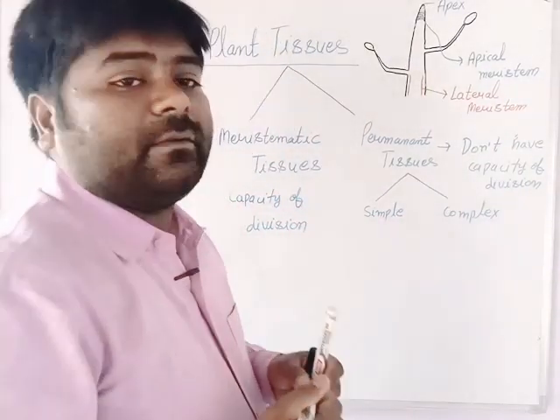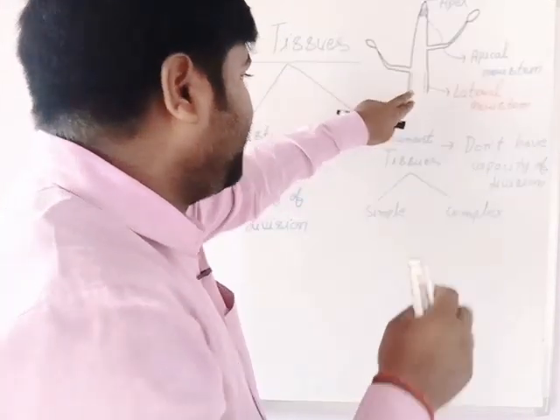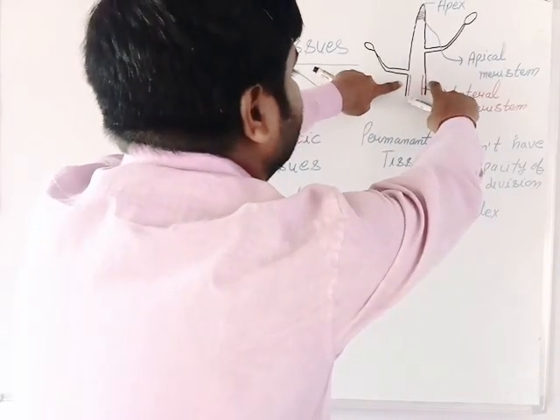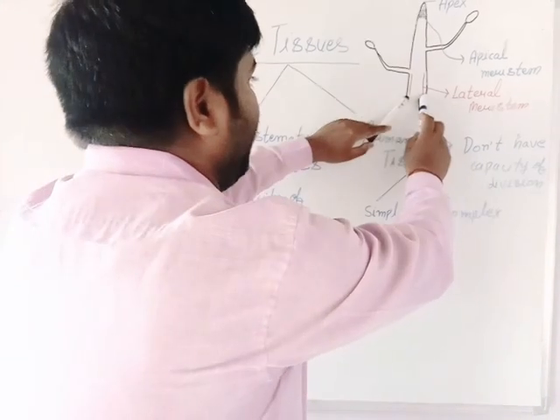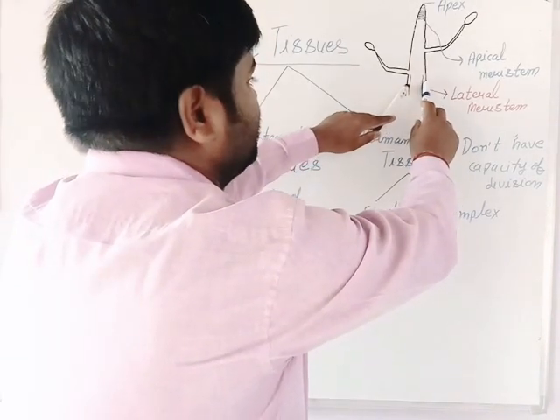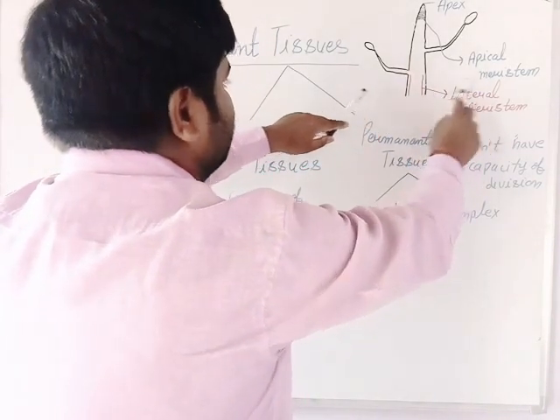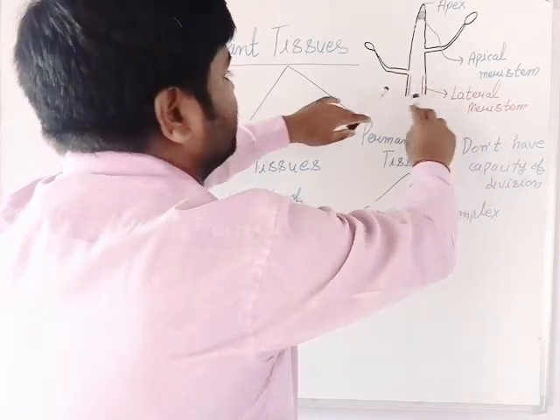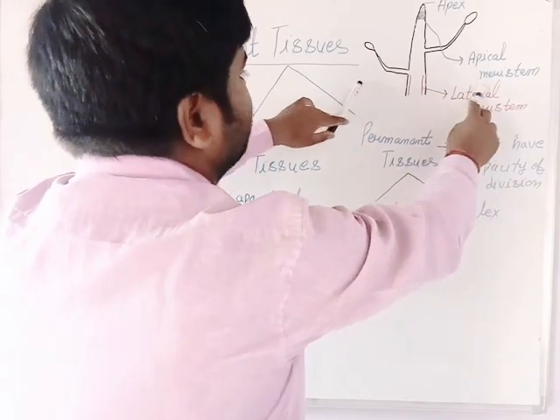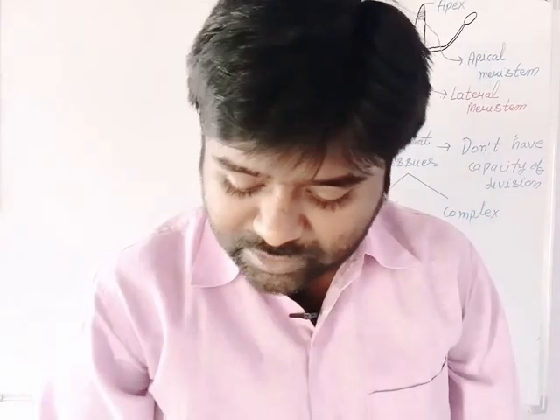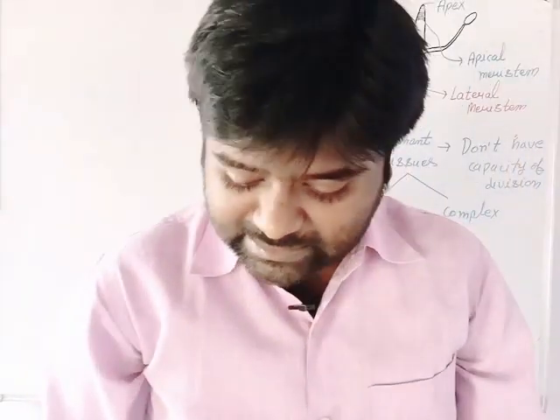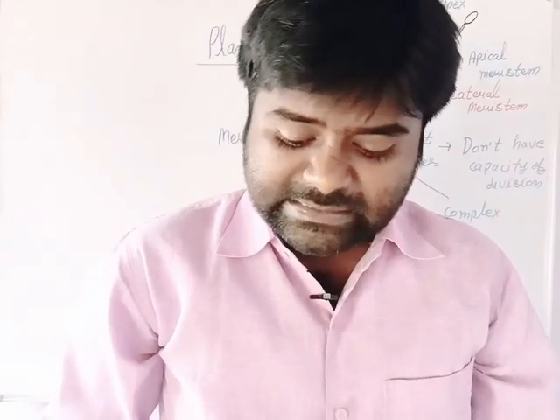When we talk about lateral meristem, they divide and form new cells, and there is a shifting of cells in this way. When the new cells shift like this, we have growth in width; width is increased. These are the 2 kinds of meristem we have discussed.